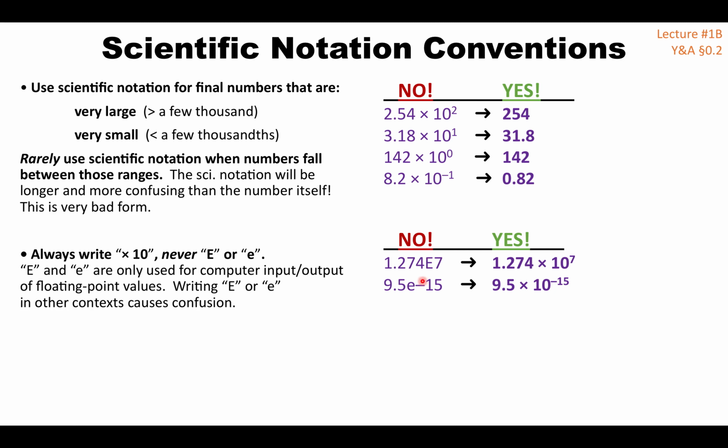In fact, to write it as an e is bad form and potentially confusing because little e and big E have other algebraic meanings, perhaps, in our physics formulas, or mathematically, little e is also the base of the natural logarithm. So it just can add confusion. If you're not preparing a computer file for input or output, then you should always write times 10 to the.